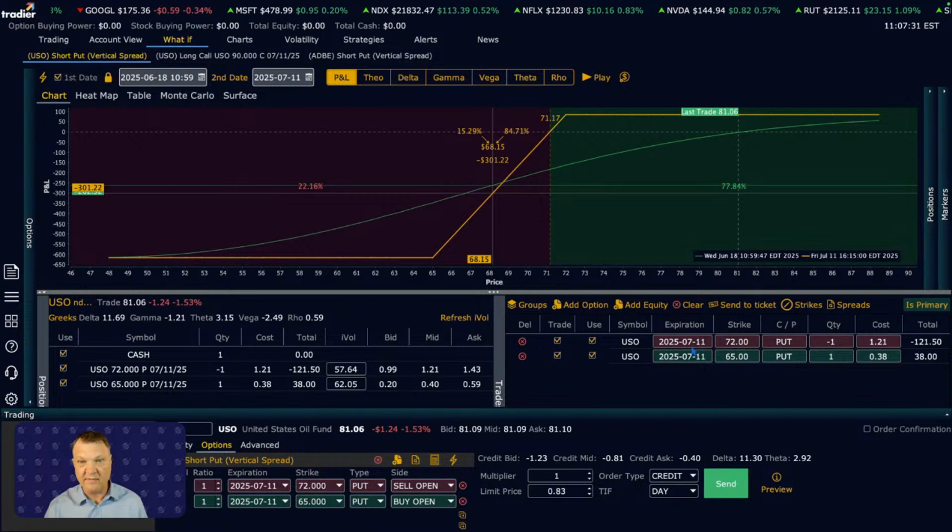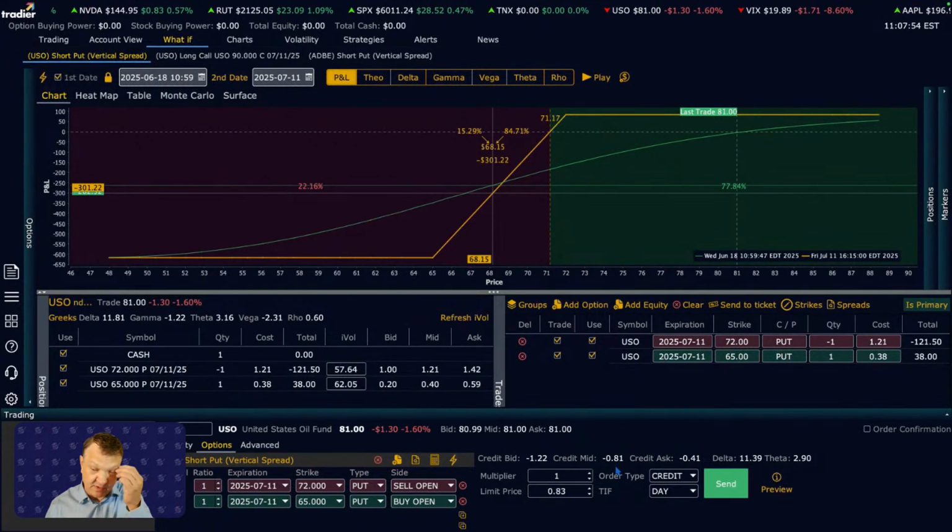There are a lot of holidays happening between now and then. We sold the 72 strike put, and we bought the 65 strike put. Right now, if we look at this position, it's trading for 81 cents. We put this on for about $1.60, so we've made about 50% of the premium at this point in time.